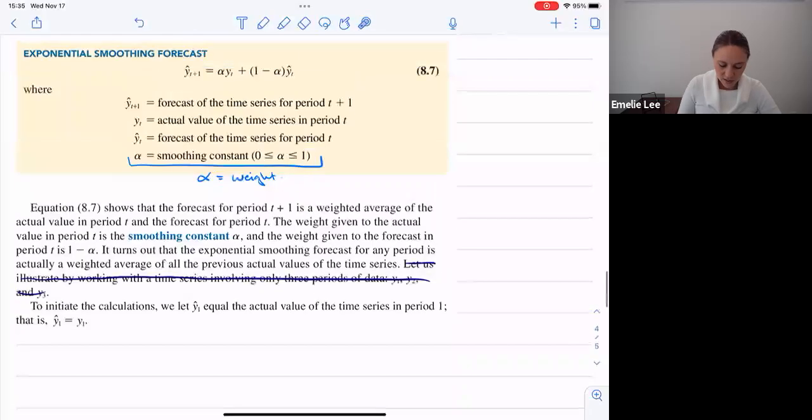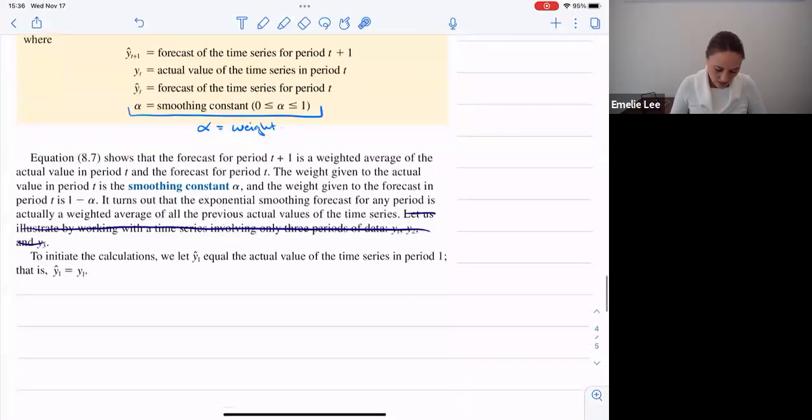So to start, because we're depending on the previous observation, or I guess the current observation, and then we're forecasting the next one, right? And so for week 1, let's say, so time equals 1, then we don't have a previous observation, right?